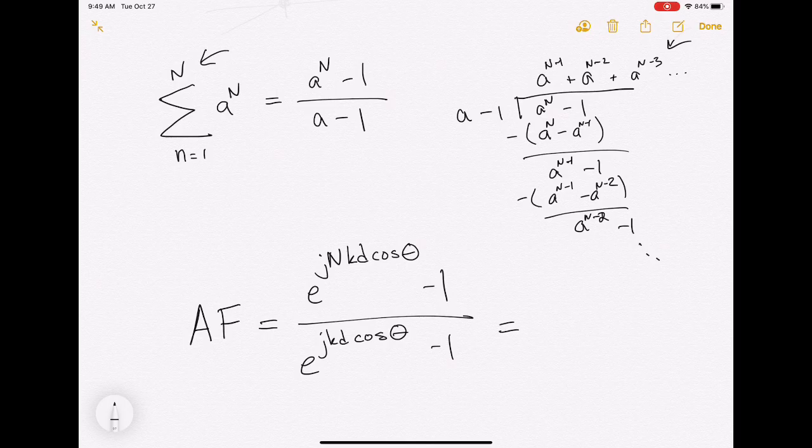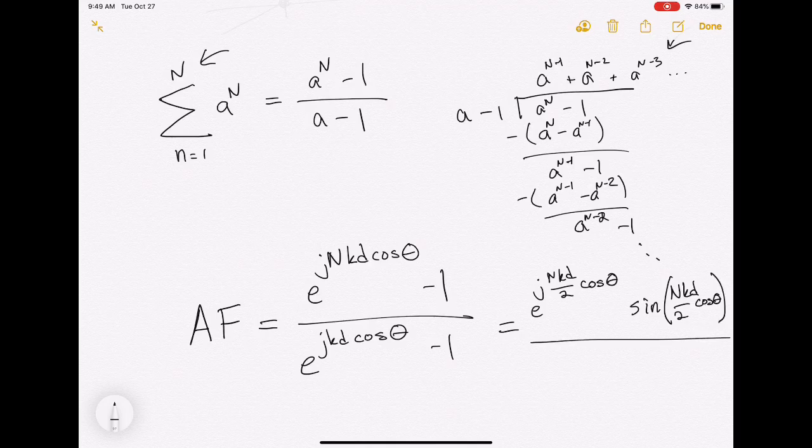And if we do some factoring of exponentials, that turns out to be e to the j N kd over 2 cosine theta times sine of N kd over 2 cosine theta, all divided by e to the j kd over 2 cosine theta times sine of kd over 2 cosine theta.